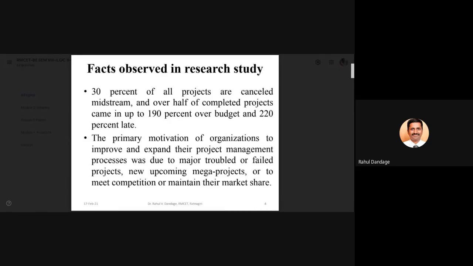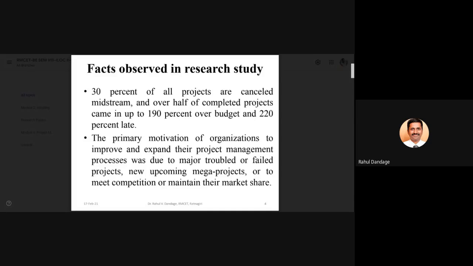So this is not only about cancellation of the project midstream. Over half of completed projects come up to 190% over budget. So whatever budget you decide, it is exceeded by 190%, and they are having 220% delays. We say there are two terms, cost overrun and schedule overrun.